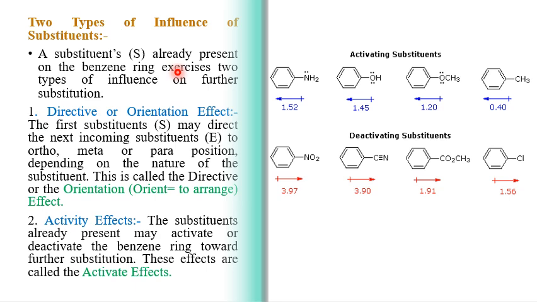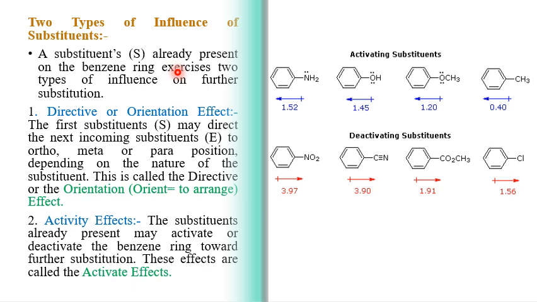So what is meant by directive effect? The first substituent may direct the next incoming substituent to the ortho position, meta position or para position. This depends on the nature of the substituent, and this is called the directive or orientation effect.